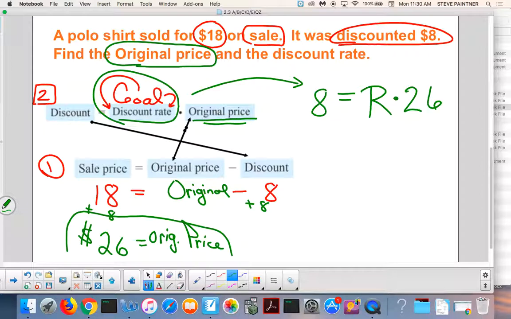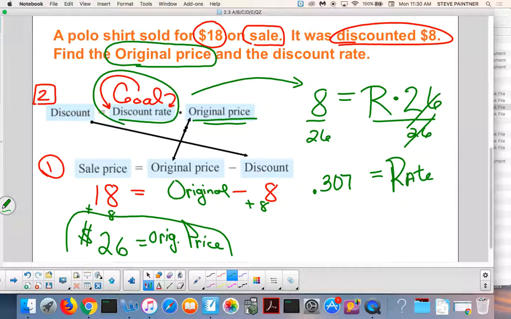Do your division by 26. Get a decimal. The discount rate will be 0.3076.